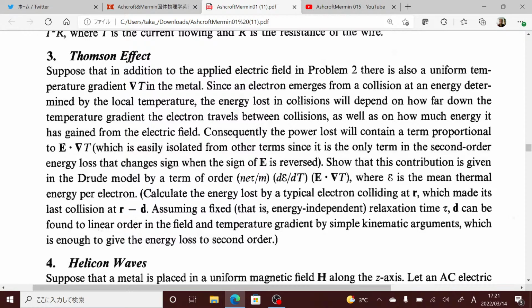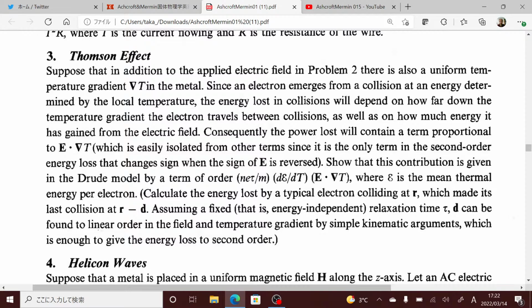Assuming a fixed, that is energy-independent relaxation time tau, d can be found to linear order in the field and temperature gradient by a simple kinematic argument, which is enough to give the energy loss to second order.